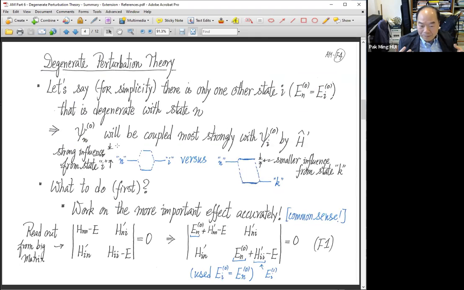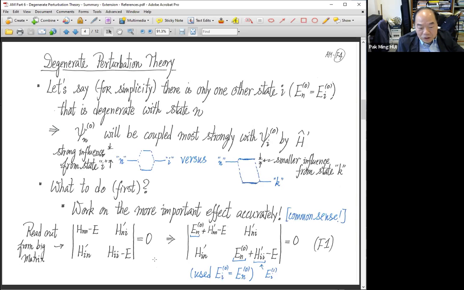The H prime will affect them strongly, to the extent that H prime is going to couple them into an even mixing of the ith state and the nth state.